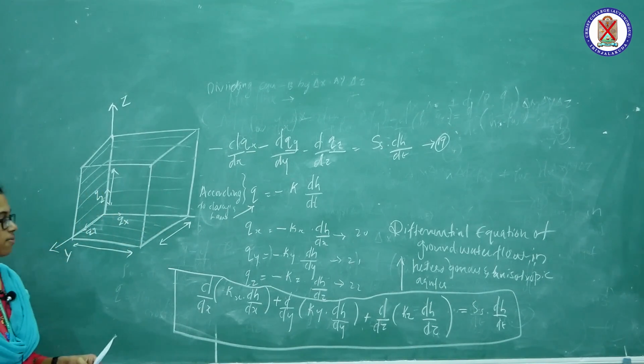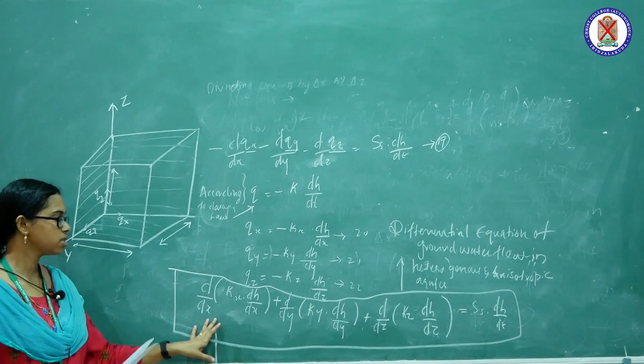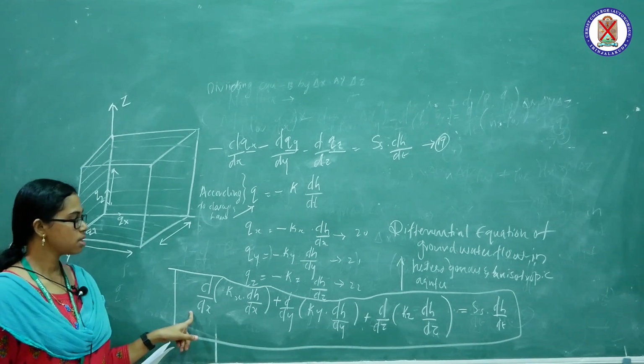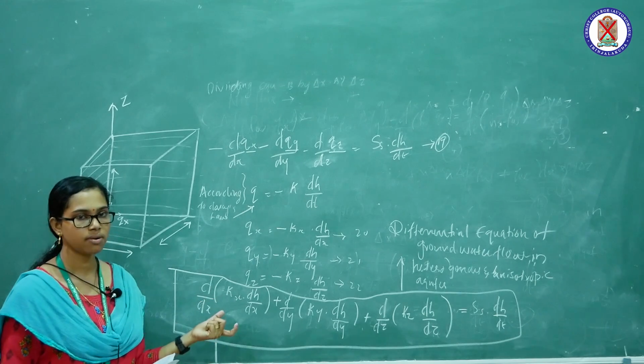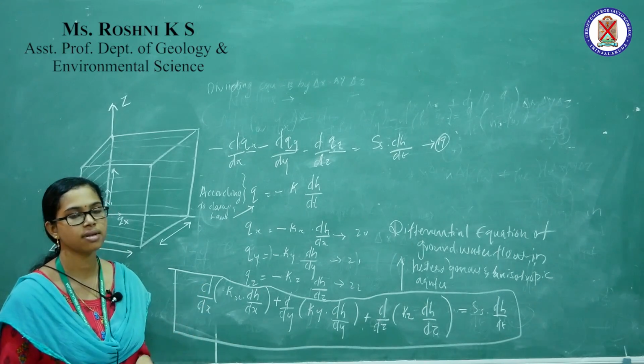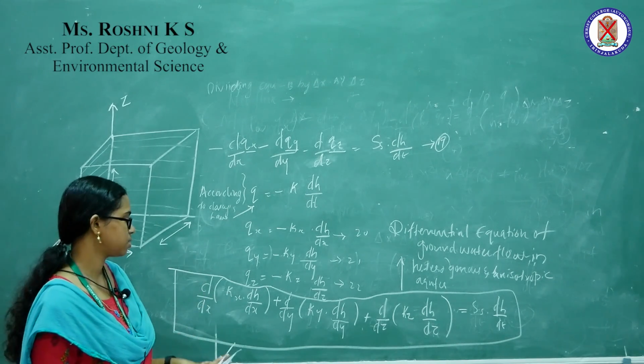So this becomes our final equation, and this equation represents the differential equation for groundwater flow in a heterogeneous as well as anisotropic aquifer.